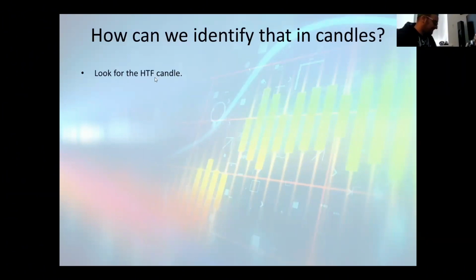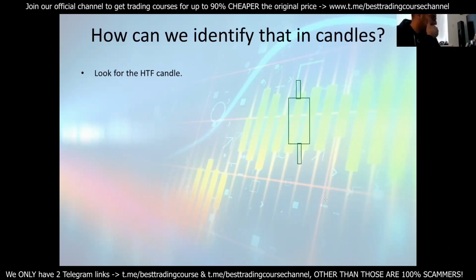Look for the higher time frame candle, right? So let's say we have price that is moving bullish right here, on the daily time frame. Now, you have to understand this one concept: on the high time frames, the trends are going to be stronger.